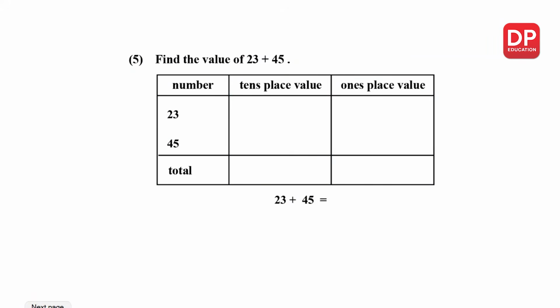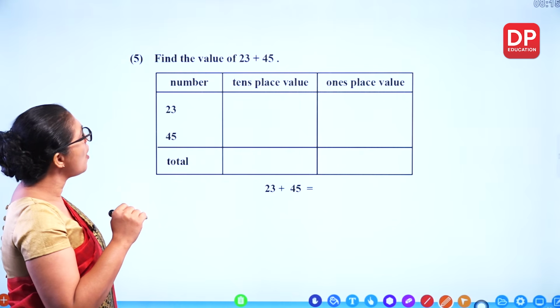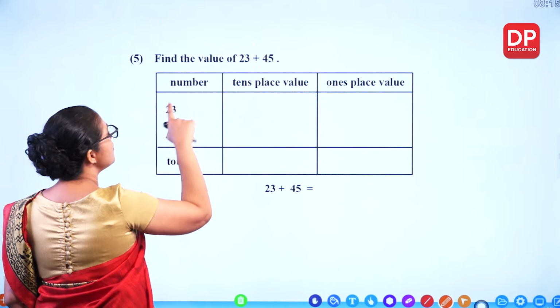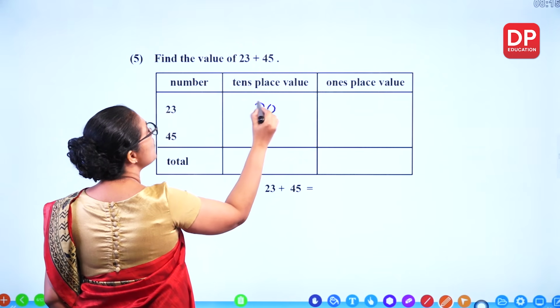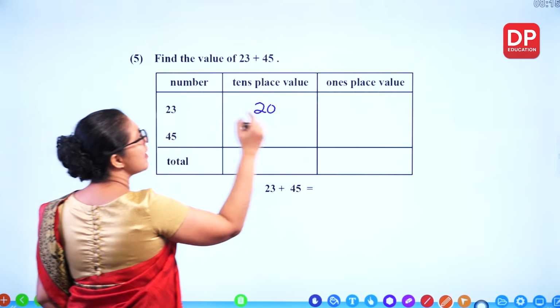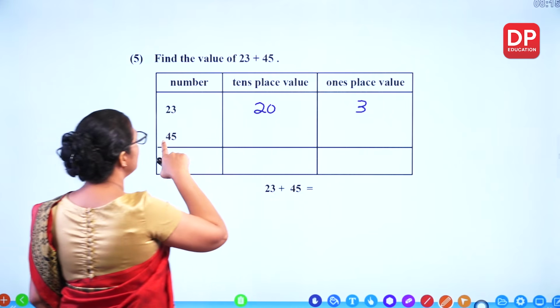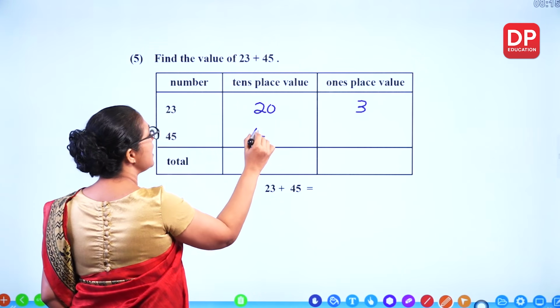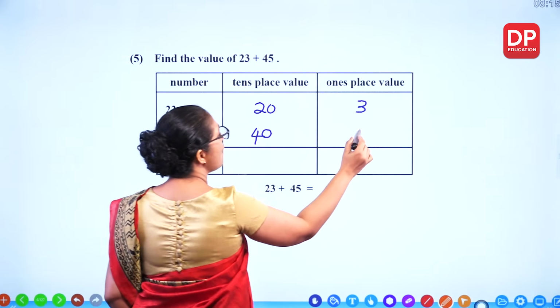Find the value of 23 plus 45. So how we do that? So we'll write 23 in tens place, you get 20, and ones place, you get 3. How you get 45? Tens place 40 and ones place 5.